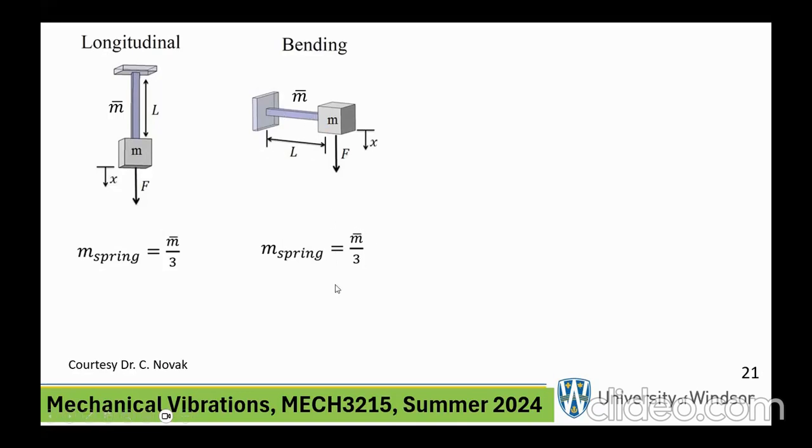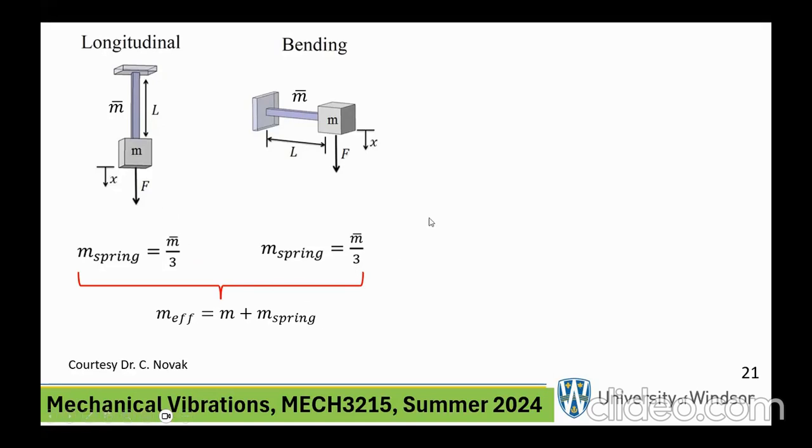Done. So basically the effective mass becomes the mass of the block plus a third of the mass of the spring. For this configuration, this is the mass of the spring. For that bending configuration, again, m over 3.